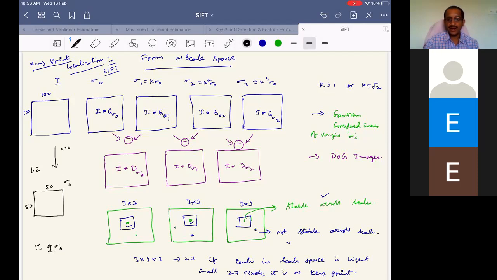Why am I saying that? Because the information I see here has become half in both directions. So sigma naught by 2 in roughly, and because sigma square is what we see, you can consider 2 sigma naught there.